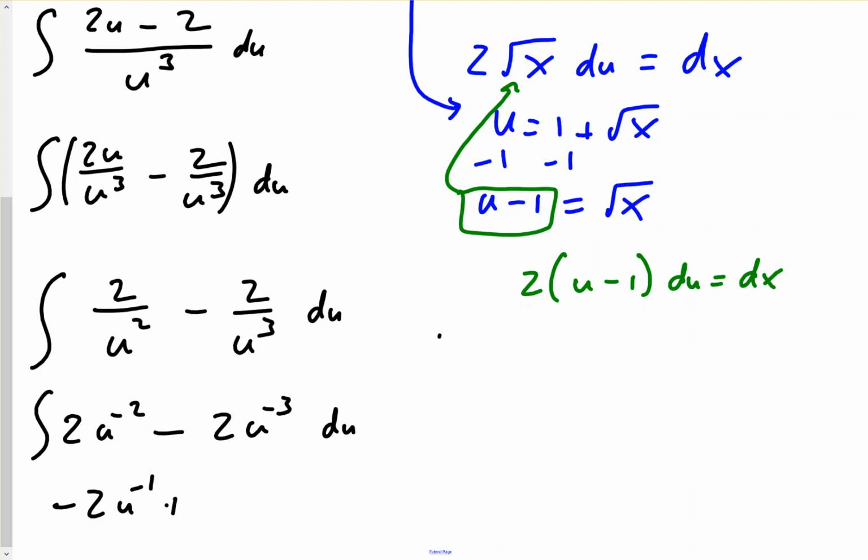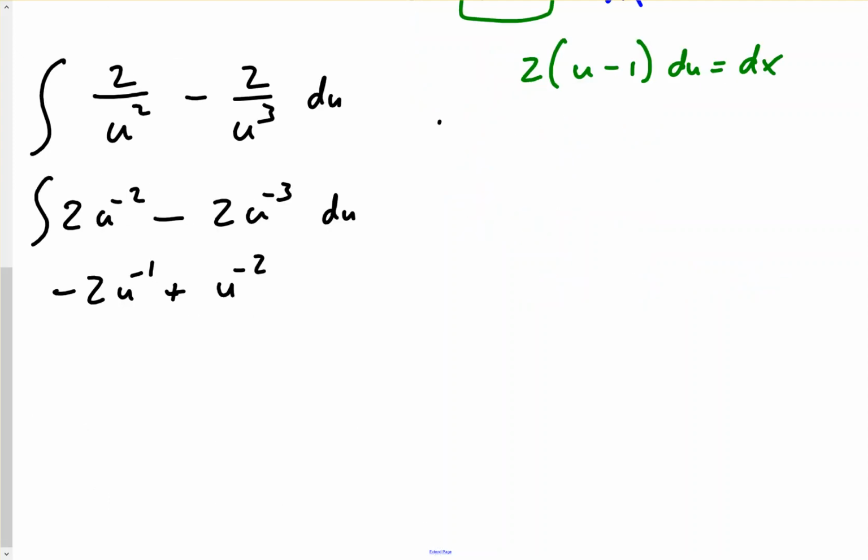And then here, negative 3 becomes negative 2 divided by negative 2. So this negative 2 divided by negative 2, that's why I put a plus. And we get u to negative 2. Okay, so let's just take a look real quick. This becomes negative 2 over u plus 1 over u squared.